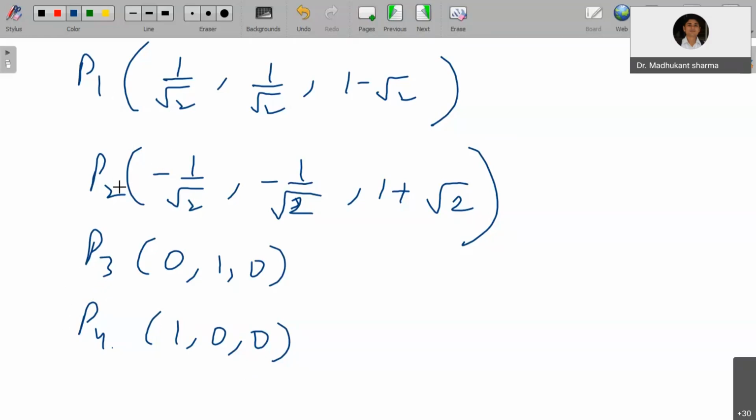The x square plus y square will not make any difference here, only z will, because f of x, y, z is x square plus y square plus z square.